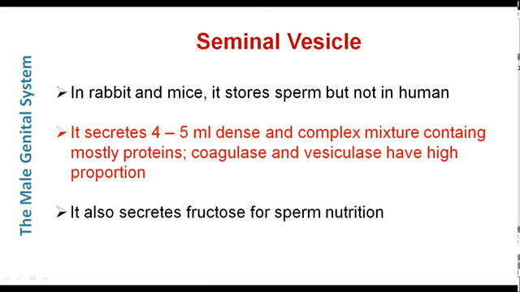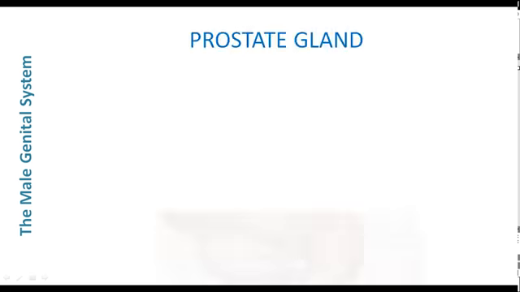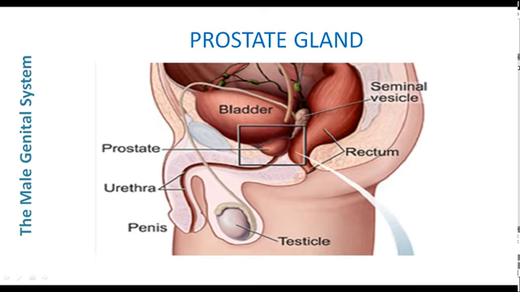The seminal vesicle also secretes a high concentration of fructose, more than 100 mg per ml. The spermatozoa utilize fructose instead of glucose for their energy. Now there is a gland, the prostate gland.